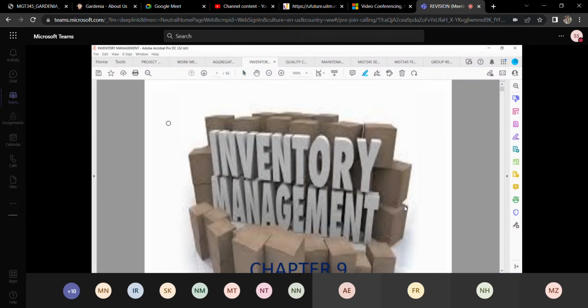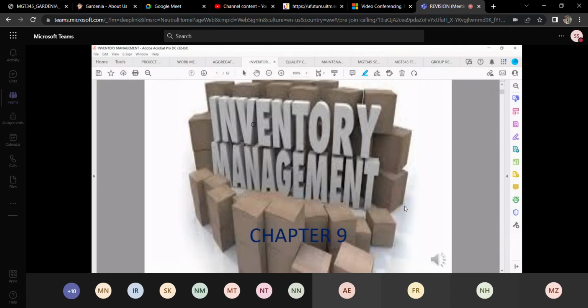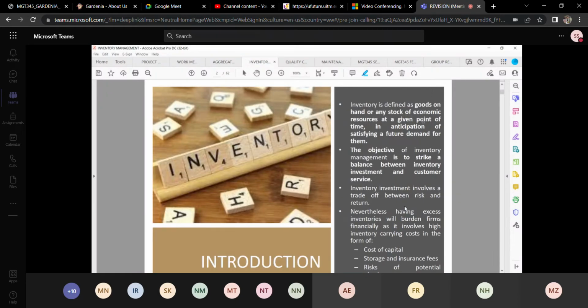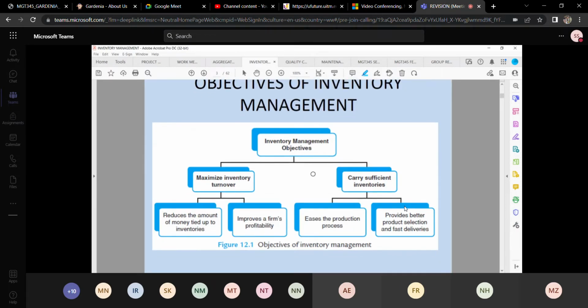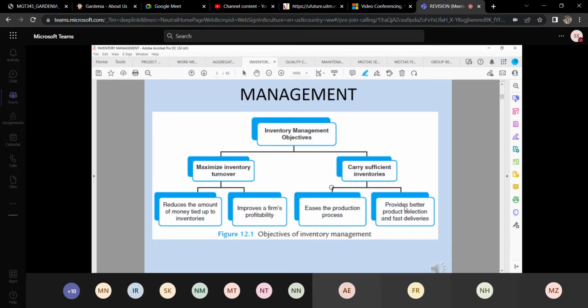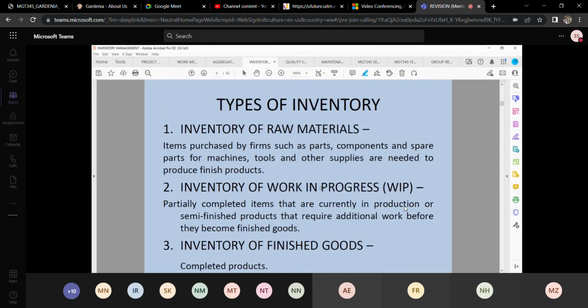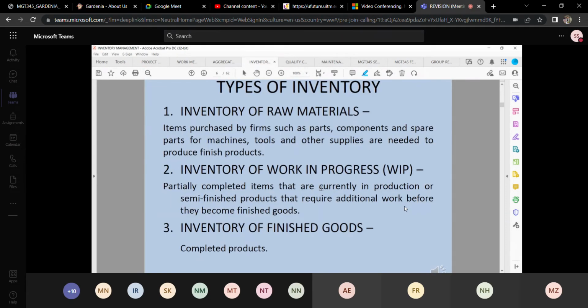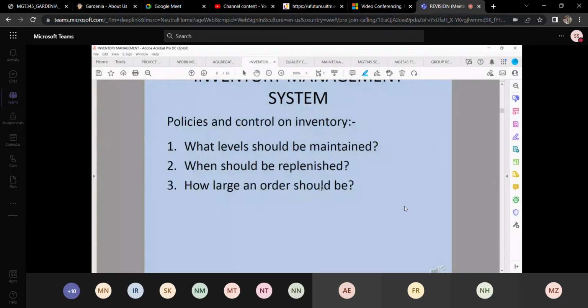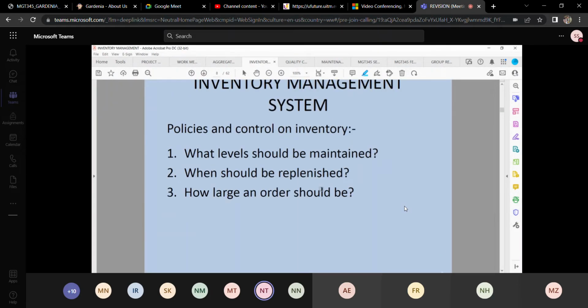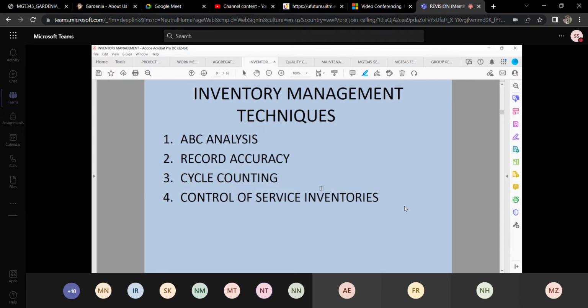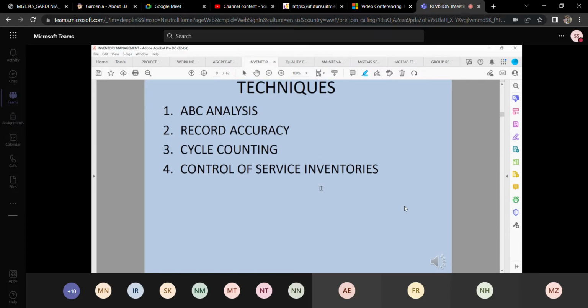Then we go to the inventory management. Definition of the inventory over here, you should know the objective. Okay, this is the objective, much more clear picture over here. Functions of inventory, the 8 functions, the 5 functions, the 4 types of inventories. Okay, the inventory management system, inventory management techniques, the 4 types, or the 4 techniques.